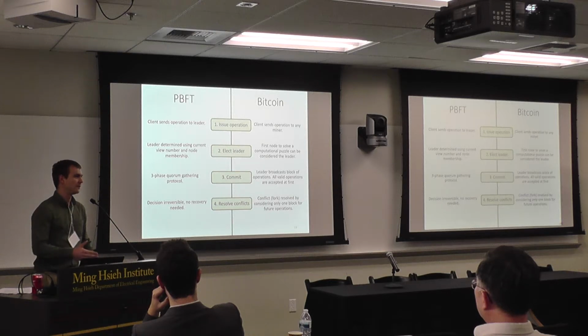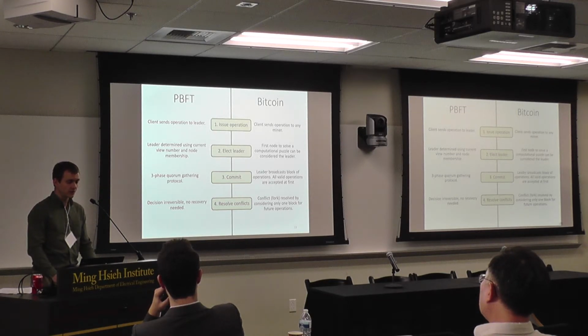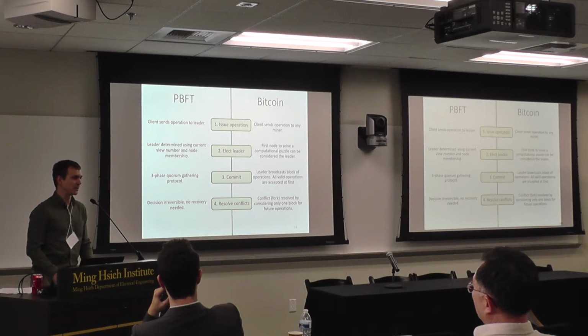And if the node happens not to be the leader, it's rather easy to forward the operation to the leader, because this is a known thing. In Bitcoin, it's already different, because Bitcoin doesn't have such an explicit leader, especially not at the time when an operation, which means a transaction, is issued by a client. So the client somehow needs to spread this operation among many miners and hope that these will include it in the next block.